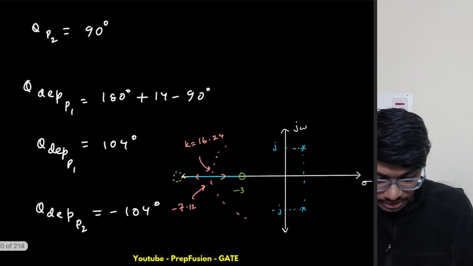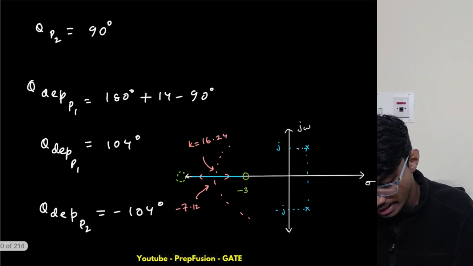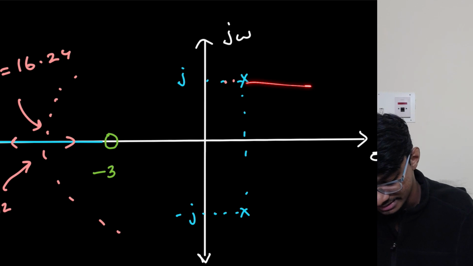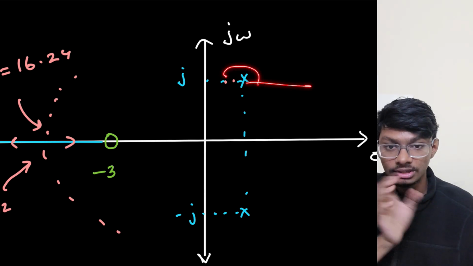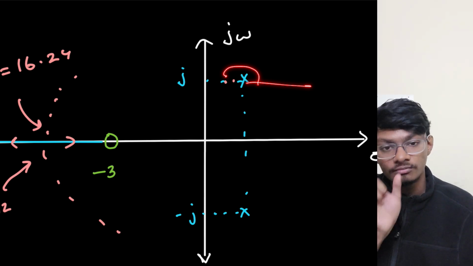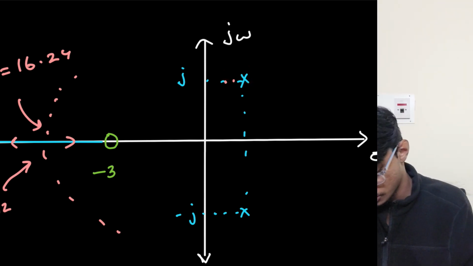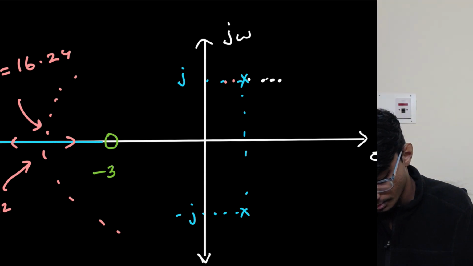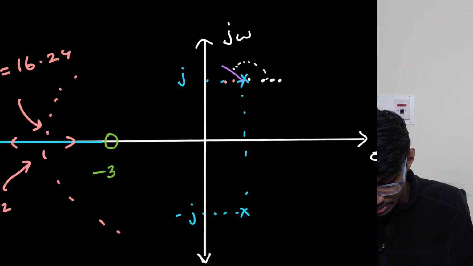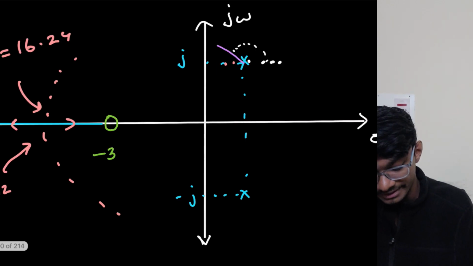This represents that with respect to my x-axis, my root locus will start off from 104 degrees. So 104 degrees will be somewhere around here, and my root locus will start off something like this.